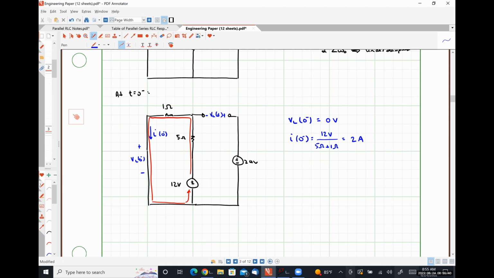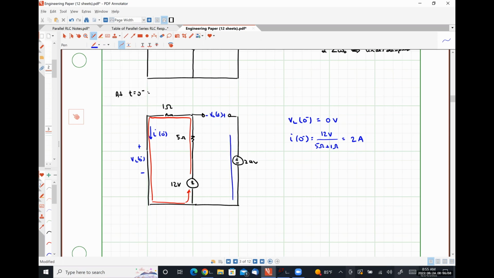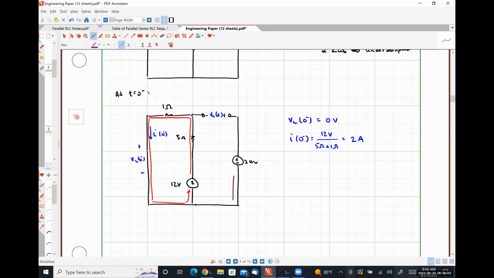Our last thing will be to determine VC at 0 minus. I'm going to get VC at 0 minus by doing KVL around this loop.